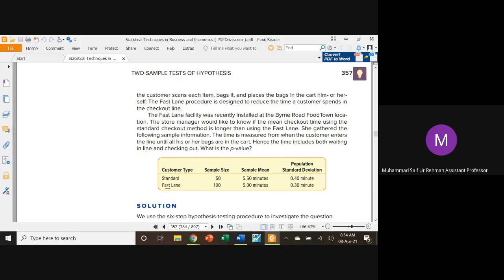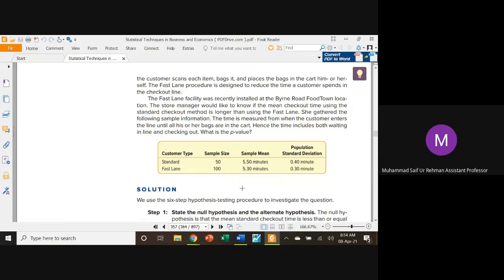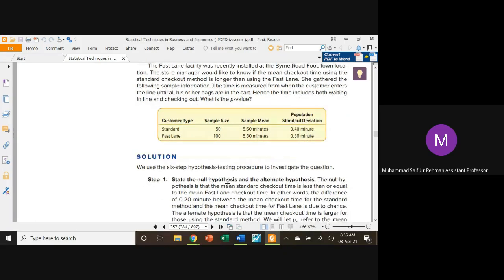And using fast lane, these 100 used fast lane, and we took their sample, and we found that on average 5.3 minutes were used by a typical user of the fast lane. And this is the population standard deviation that we know from our experience. So all these values are given, and we can find out the z value.